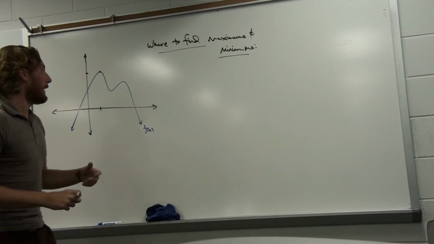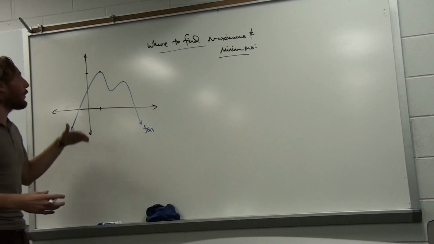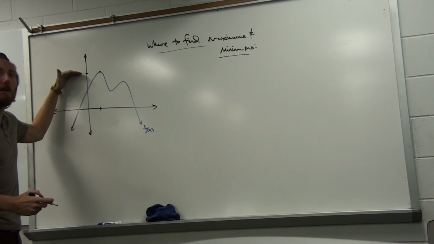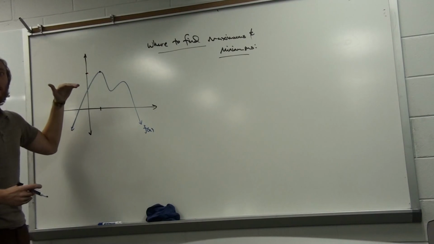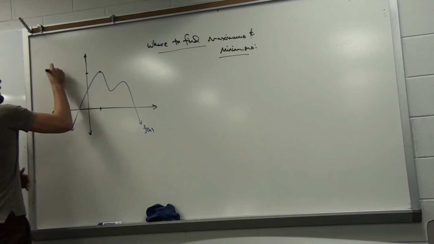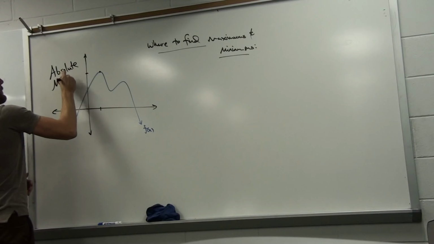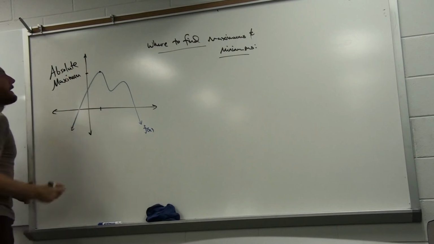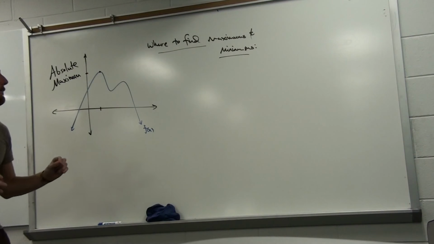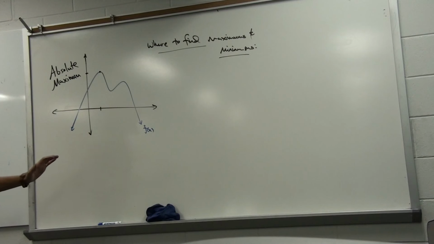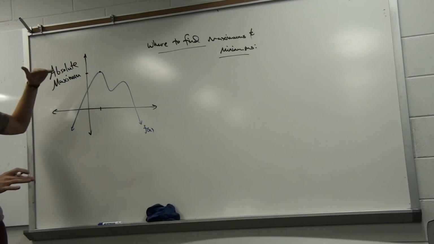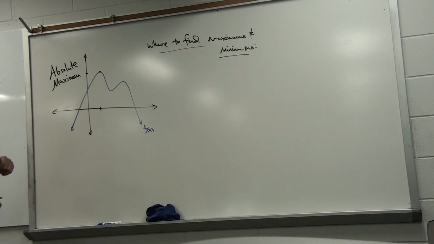So, well, when you look at this function as a whole, there's a maximum value there. And the maximum value for the function as a whole, we call an absolute maximum. So we say absolute because nowhere else does this function attain a higher value along the y-axis than there.